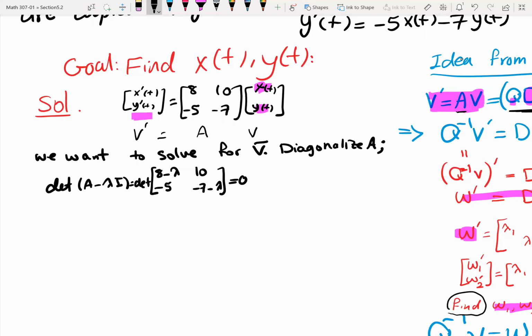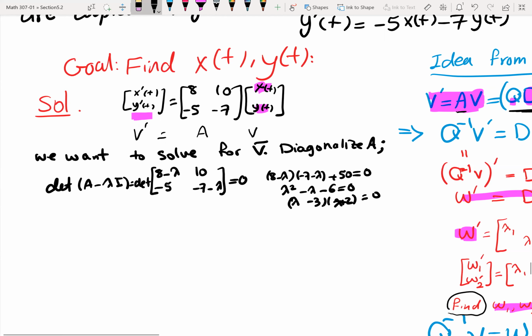So then I have 8 minus lambda times minus 7 minus lambda plus 50 equals 0. Then I have lambda squared minus lambda minus 6 equals 0. So the factors of negative 6 are minus 3 and plus 2, right?